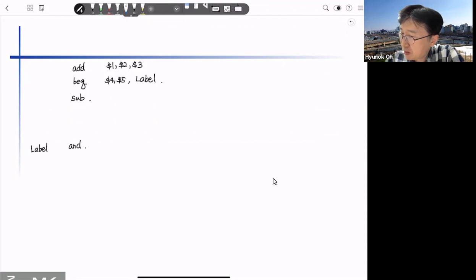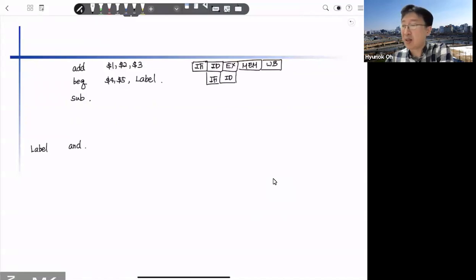For the pipelining: instruction decode, execution, memory, and write back. The second one, the branch equal instruction, is starting here: instruction fetch, instruction decode, execution, memory, and write back.